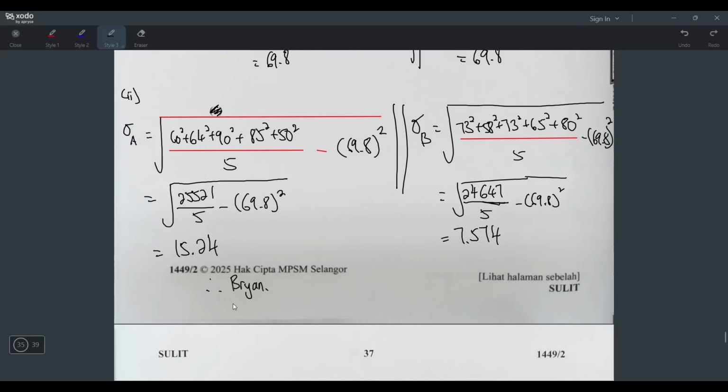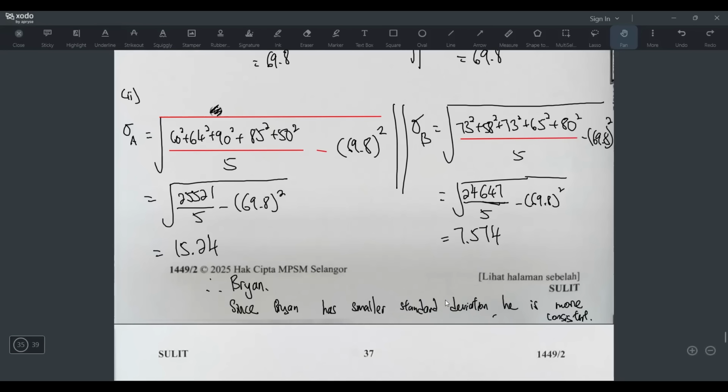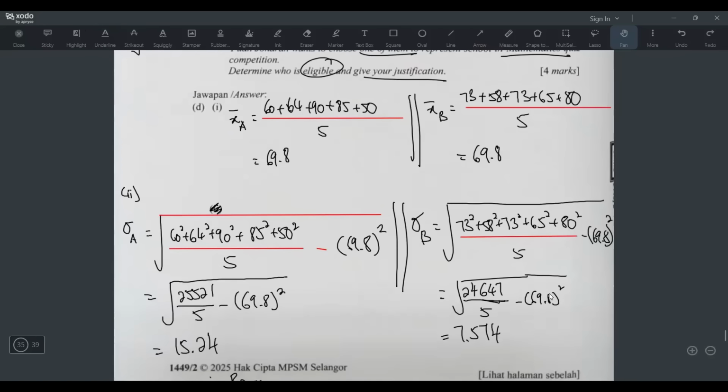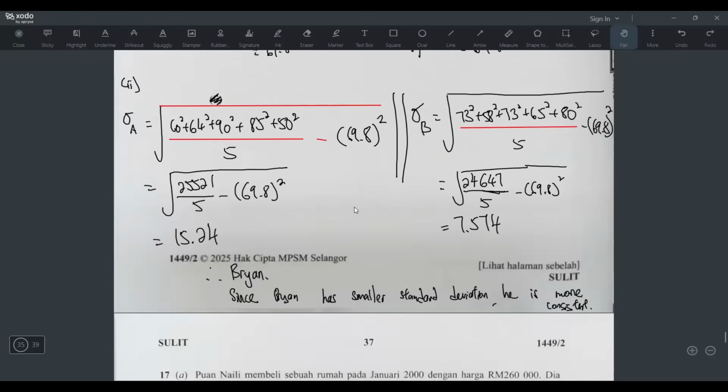So I'll just write here: since Brian has smaller standard deviation, therefore he is more consistent. Okay, this is good enough for the reason. Just make sure you mention smaller standard deviation and mention about being more consistent. Okay, done.